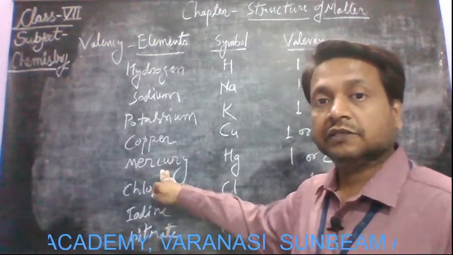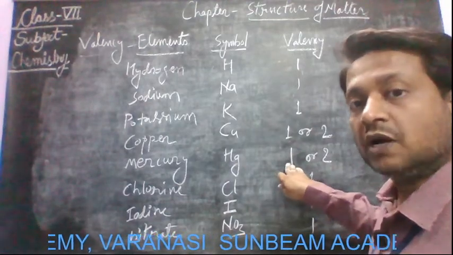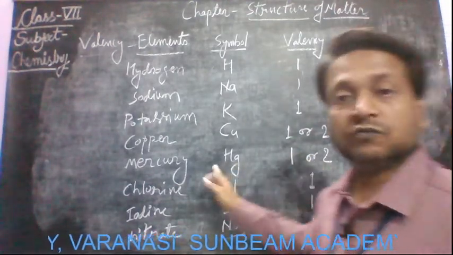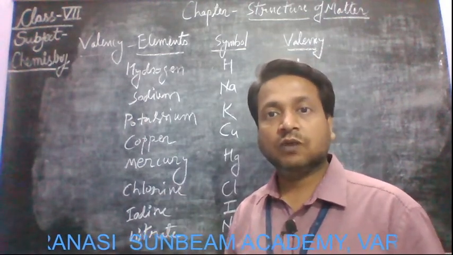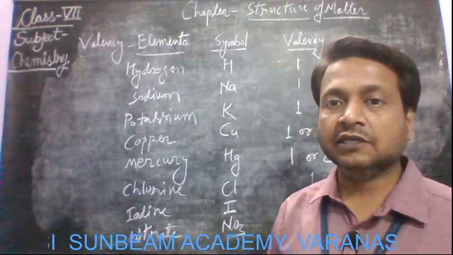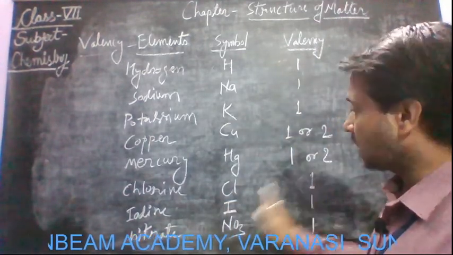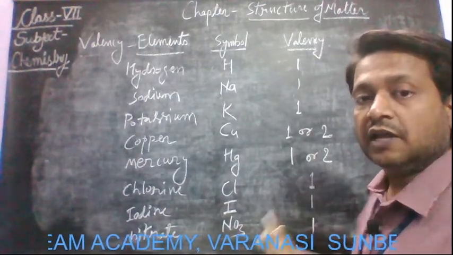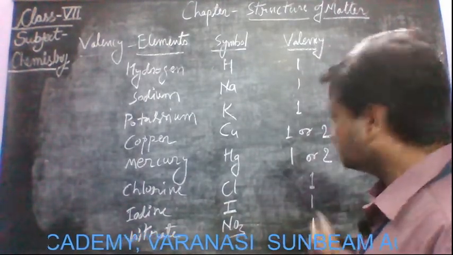Mercury, its symbol is Hg, and its valency is also 1 or 2 because it is also found in two forms, just like copper. The first form has the valency 1 and the second has the valency 2. Chlorine, its valency is 1. Iodine, the valency is 1. And the group nitrate, NO3, its valency is 1.